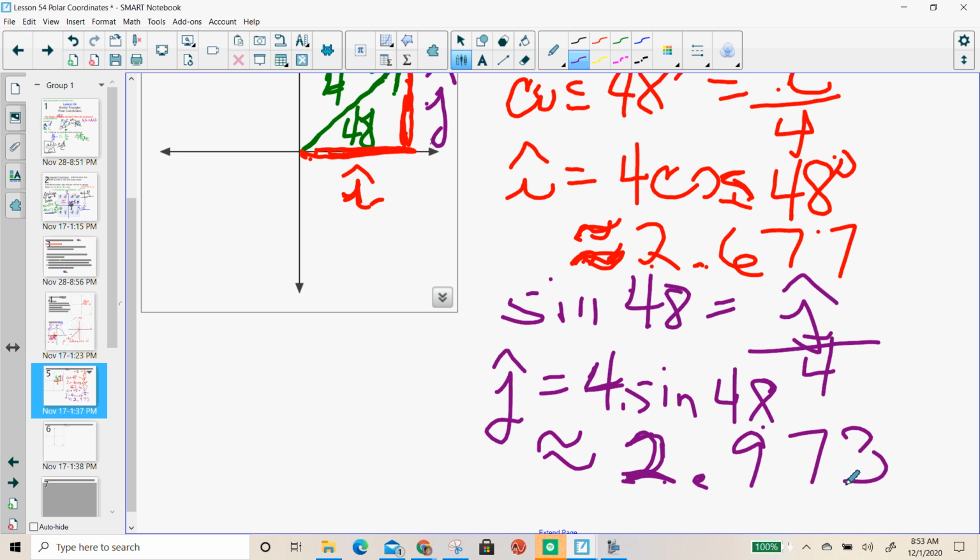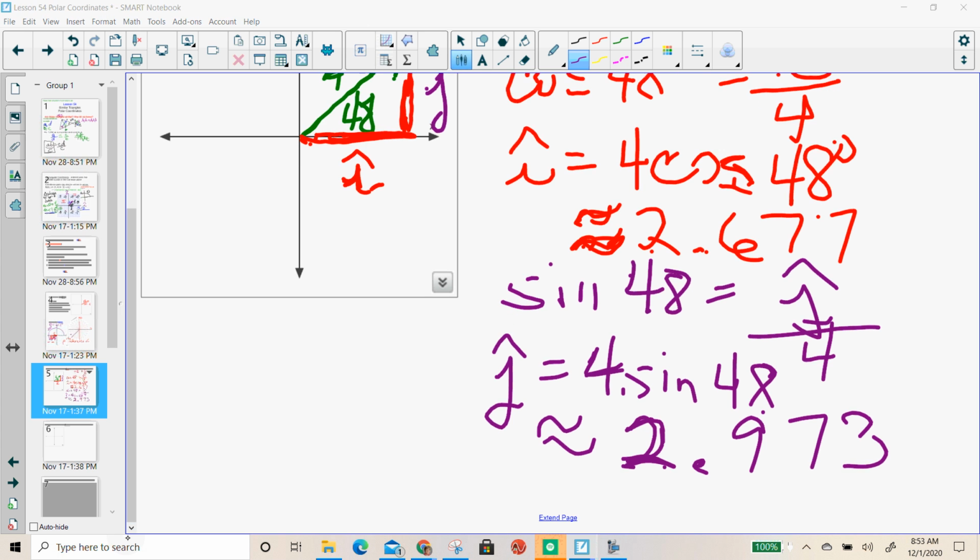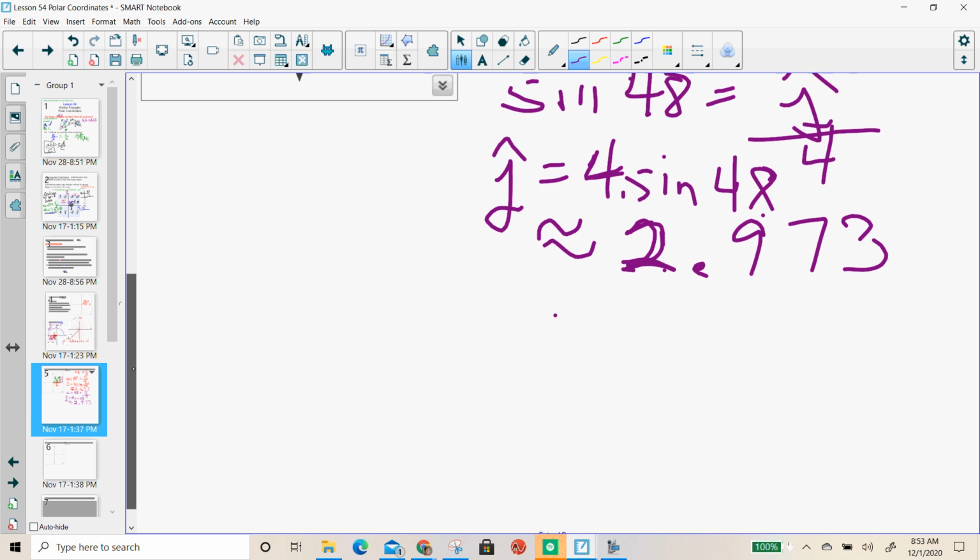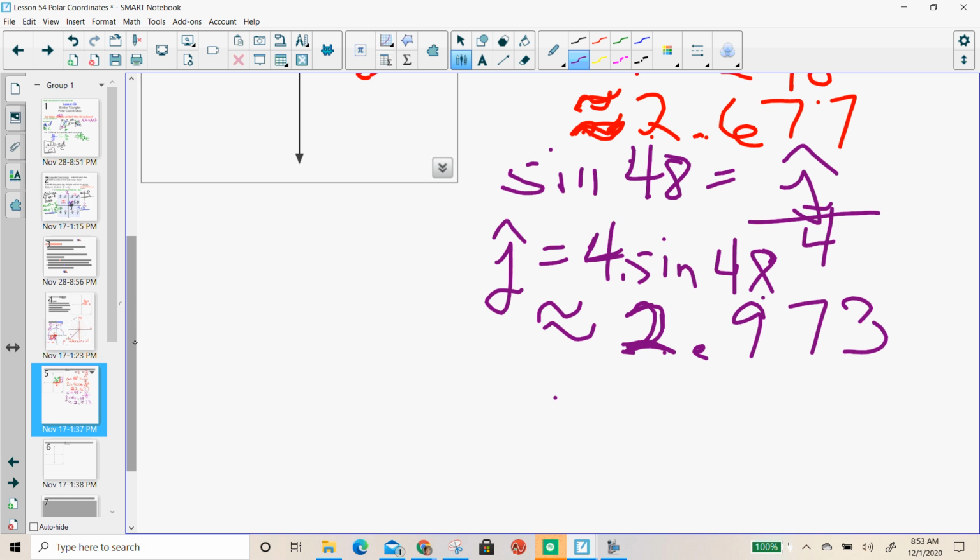I'm not quite finished. I need to write my final answer. Remember, first quadrant, so both were positive. We do not use commas with vectors. We do a plus or minus sign between them. So I'm going to write the I hat part, 2.677 times I hat.